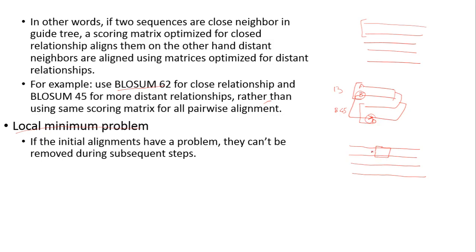It would be carried on to the subsequent stages of your multiple sequence alignment. That is what we call the local minimum problem, which states that if the initial alignment has a problem, it cannot be removed during subsequent steps. It would be carried on as it is, and sometimes the problem can be amplified during the subsequent stages.